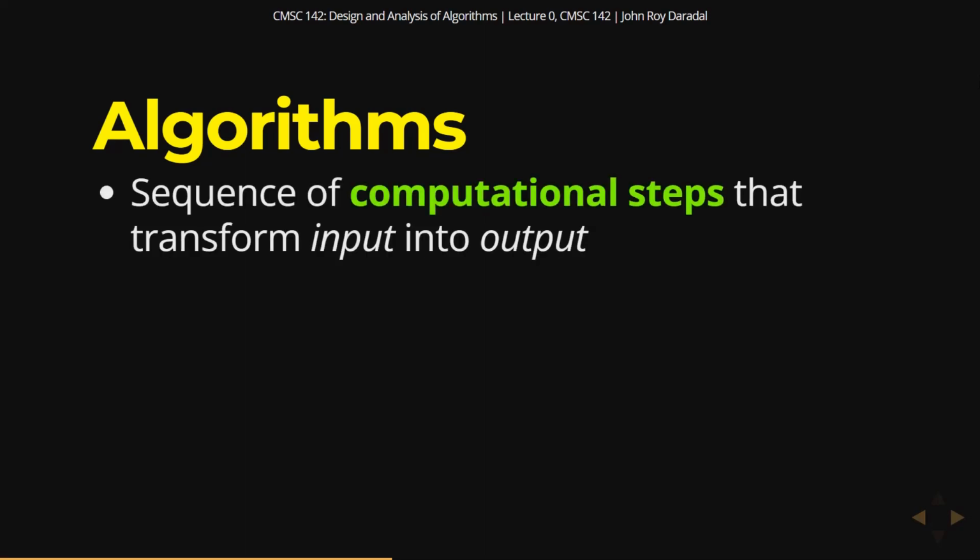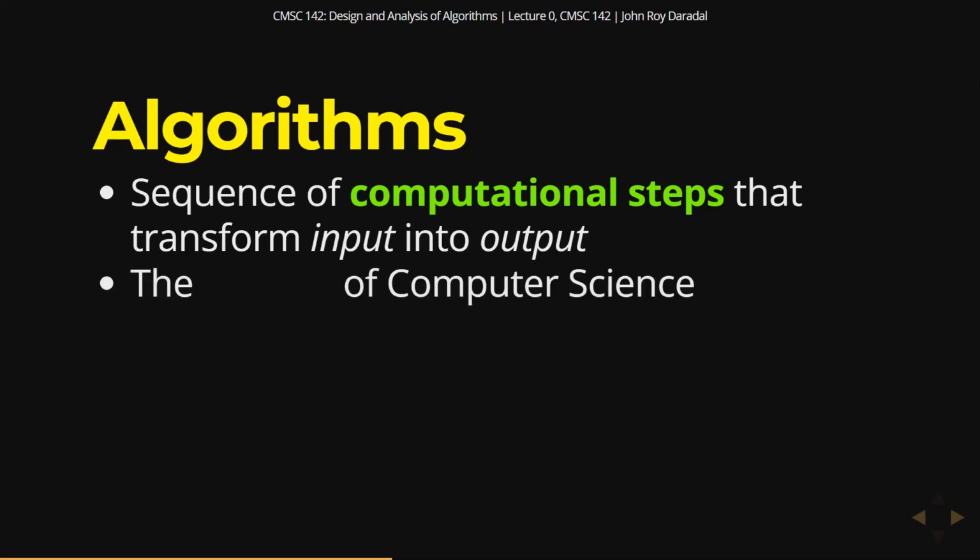Now, ComSci 142, as I've said, is design and analysis of algorithms. So what are algorithms? Algorithms are a sequence of computational steps that transform input into output. If you have your input, you do something with it, those are the computational steps, and then it will be transformed into output.